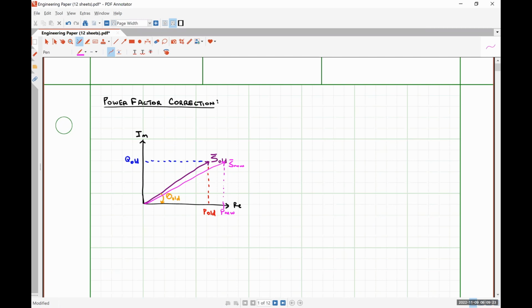Now let's talk about why this is wildly stupid, okay? The average power is what we as consumers pay for, and the apparent power is what the industrial supply provides. So if we used this method of power factor correction, we would be increasing our utility bill to offset a fine. Doesn't make a whole heck of a lot of sense.